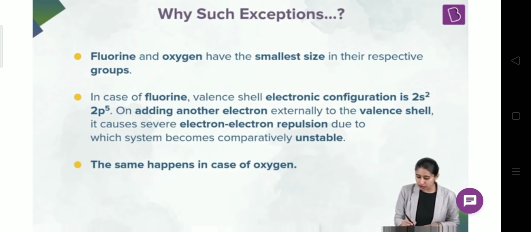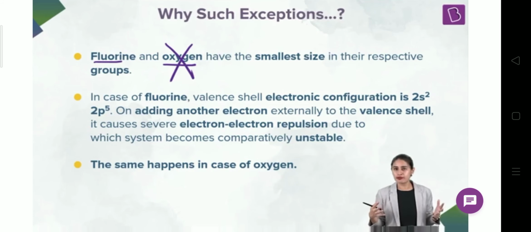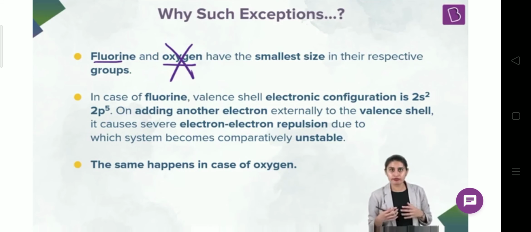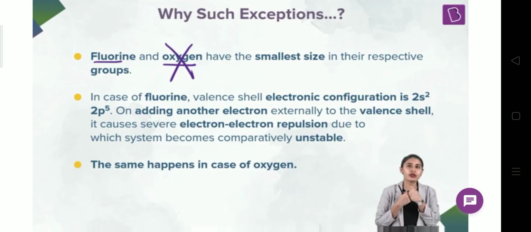Fluorine has a very small size, so there is a very limited space. In that limited space, you are making more electrons come. So there is more electronic repulsion; even though Z effective should have been high, here the electron repulsion outweighs.